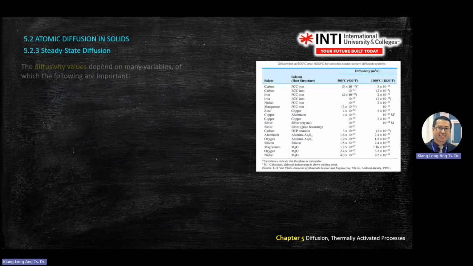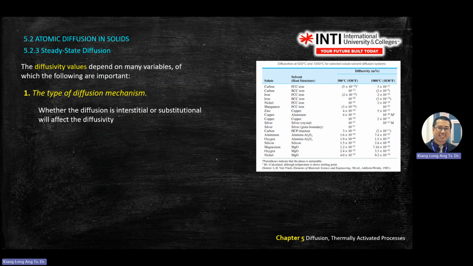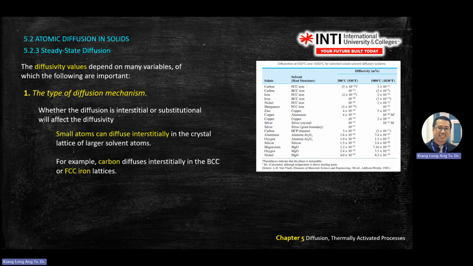Okay. So how do you apply it? The diffusion value D here is influenced by a few factors. First, the type of diffusion.